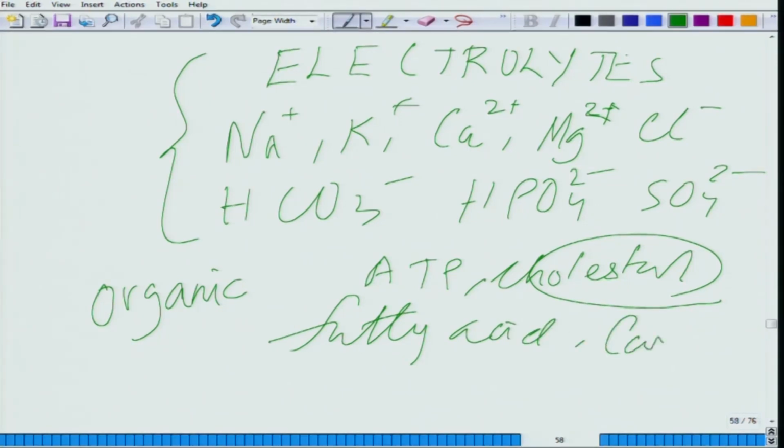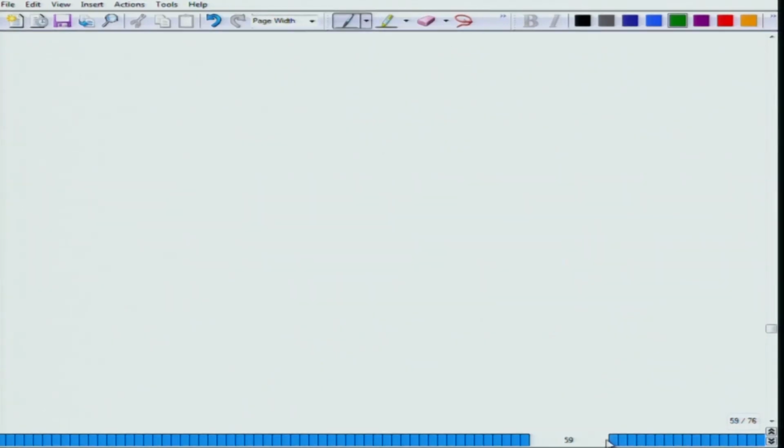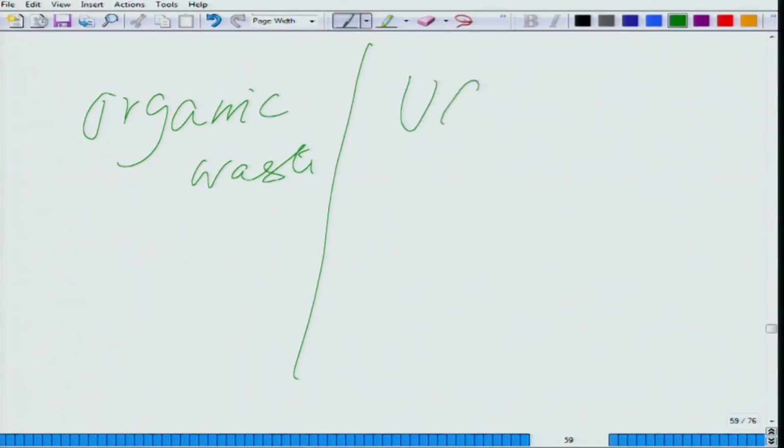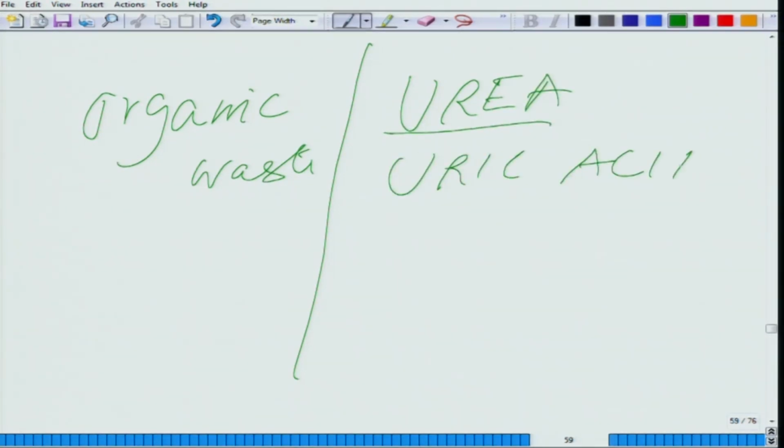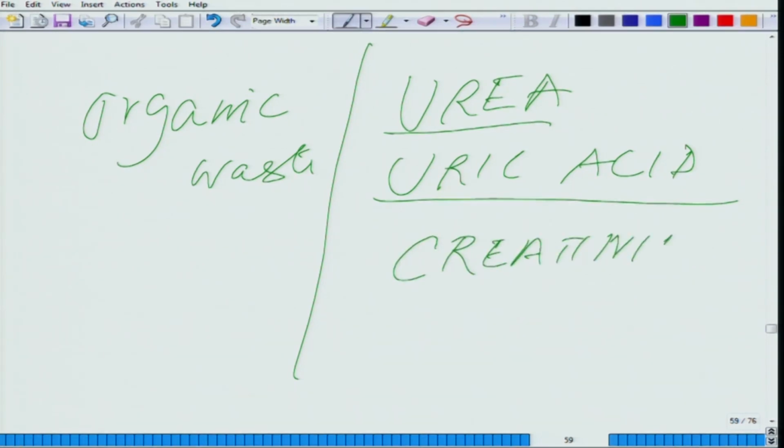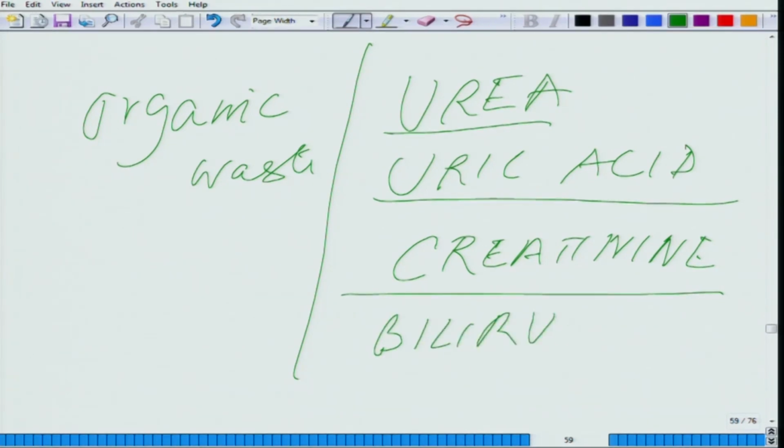Then you have carbohydrates, amino acids likewise, and then you have the organic waste it carries, which includes your urea, uric acid, creatinine, bilirubin, ammonium ion.